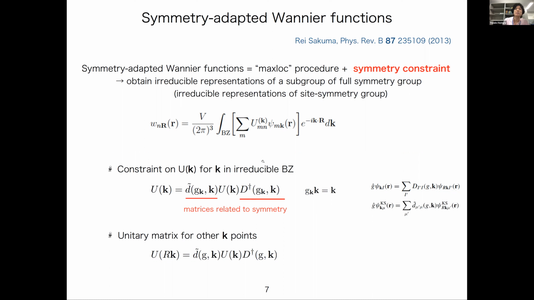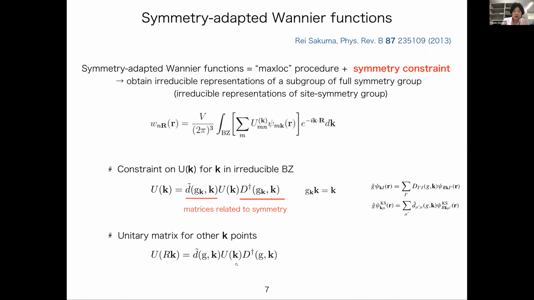Then we somehow symmetrize the unitary matrix using this D tilde matrix and this D matrix, the capital D matrix. These matrices are related to symmetry. I will explain in a little more detail later. Then the unitary matrix for other K points can be given just by the information of the irreducible K point.